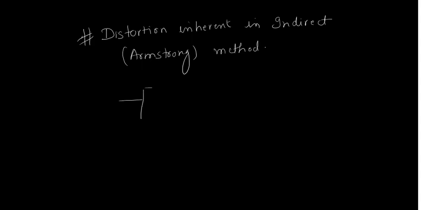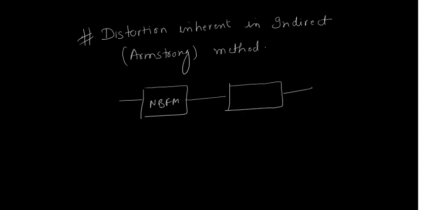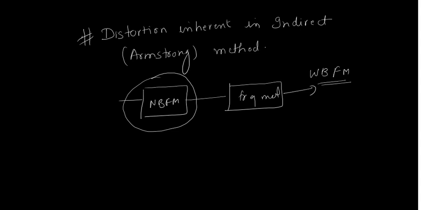Since we are using the NBFM signal in order to generate our wideband signal by using frequency multiplier, whatever distortion we get here will be inherent in the wideband FM signal. We will discuss it in the next class.